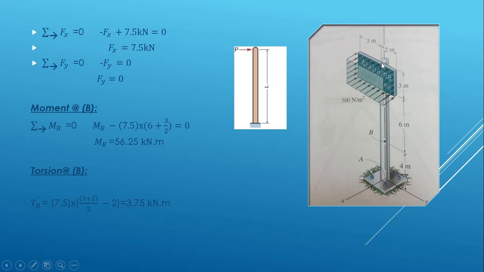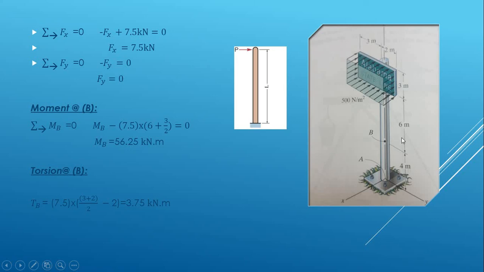Moment P minus 7.5, the concentrated load, multiplied by the lever arm, the length from the center of the signpost to point P. That means 3 over 2, which is 1.5, the center of the signpost, plus 6.